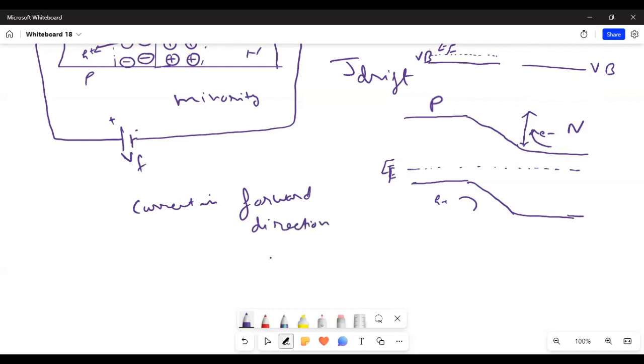This is because when we apply a forward bias at equilibrium, the barrier has reduced.